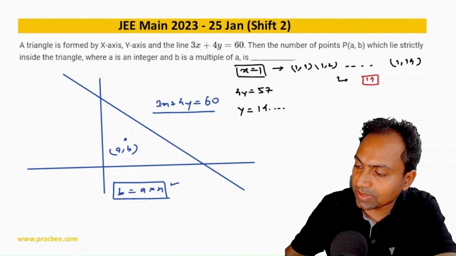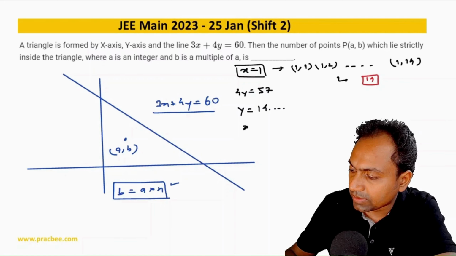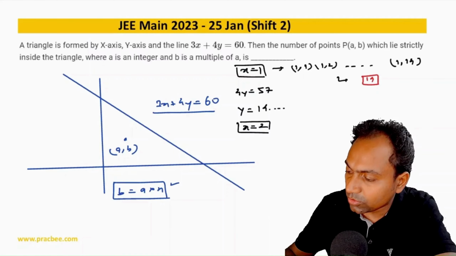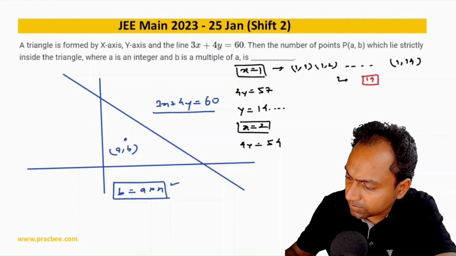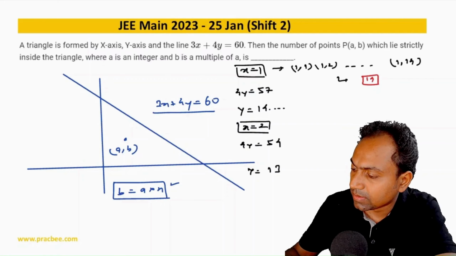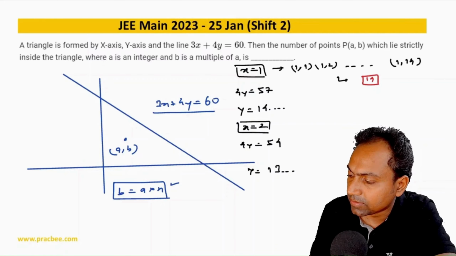Let us do a similar calculation for x equal to 2. If I put x equal to 2, my 4y will be equal to 54, and y would be 13 point something.